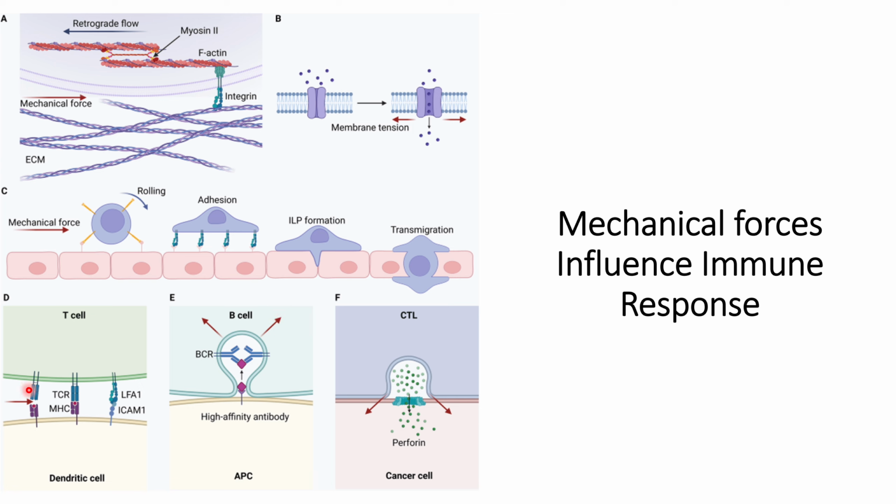Next part is about how these immune cells interact. The T cells interact with antigen presenting cells. However, in this case also, the mechanical forces or these interactions can become more efficient when LFA1 interacts with ICAM1 or ICAM2 present on the dendritic cells, and this is a strong bond.